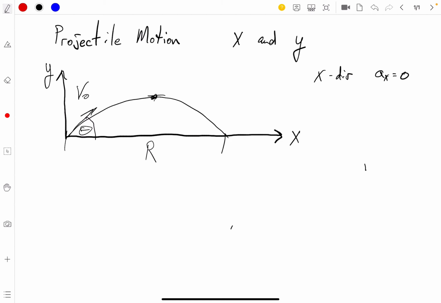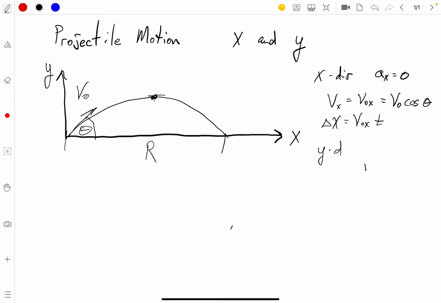Anytime you want to check what your x velocity is at any time, you've already figured it out from your v naught x, which happens to be v naught times the cosine of theta. So fine, the distance x that you travel, delta x, is equal to v naught x times t. And that's it.